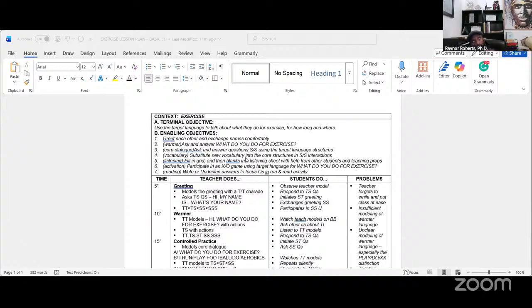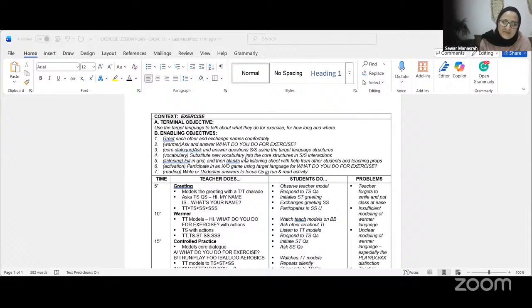All right. You're probably seeing it in your 11 years of teaching. Students will be able to. These are enabling objectives. Some teachers, some schools say, by the end of this lesson, students will be able to.